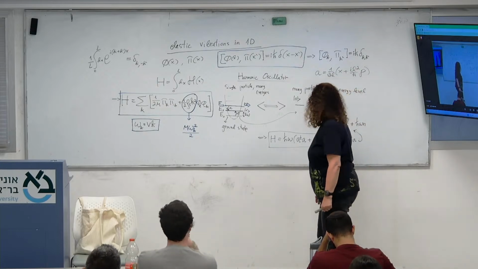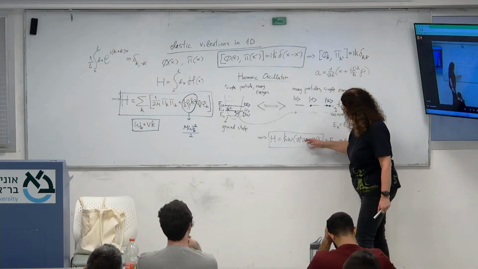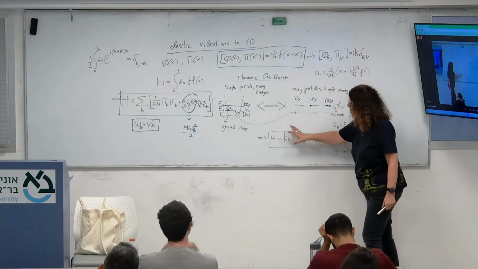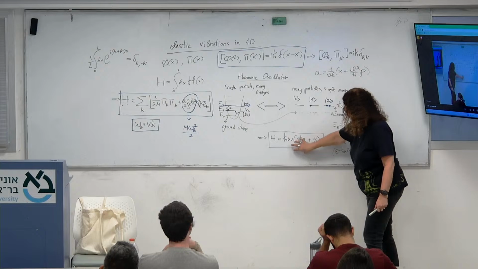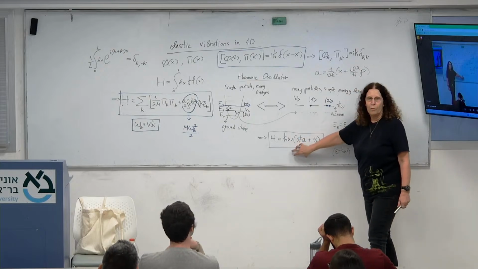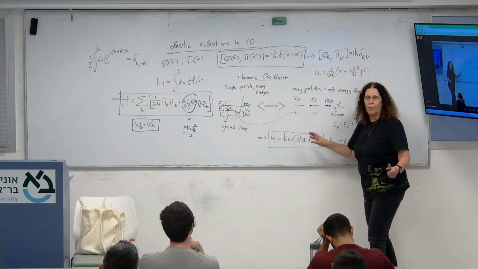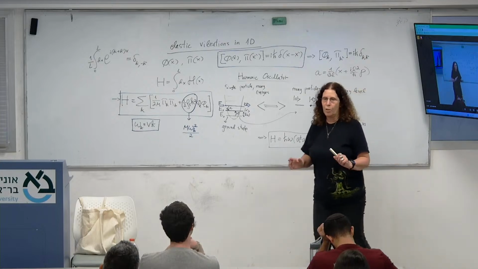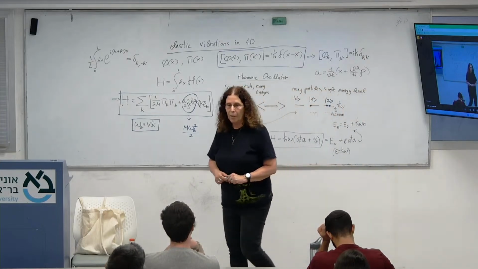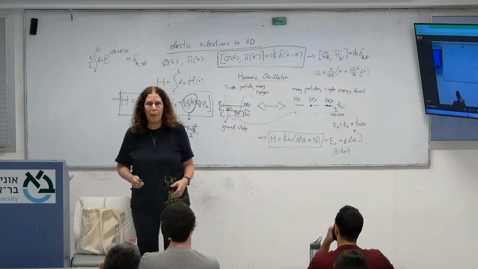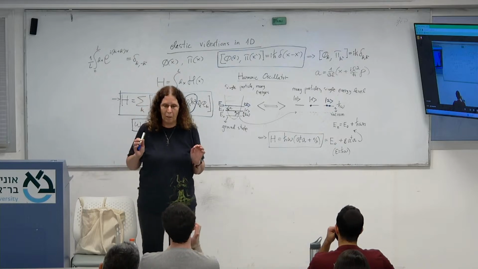So when I write the Hamiltonian like this, I already represent it in terms of the new emergent degree of freedom that I just defined. And I get used to thinking about it as a particle.